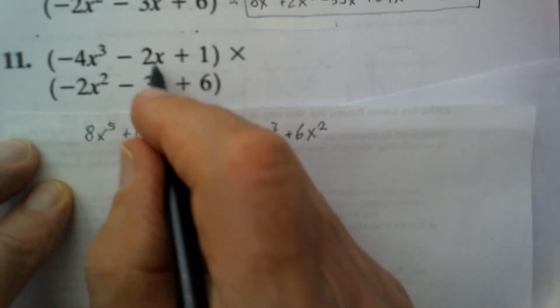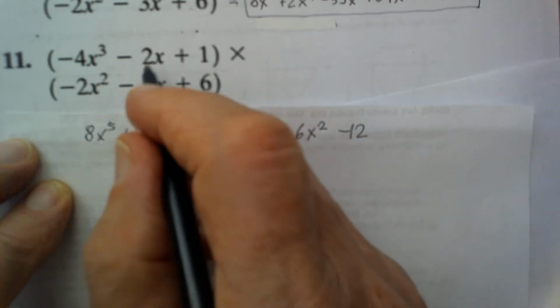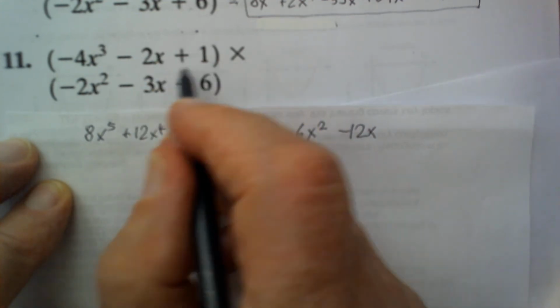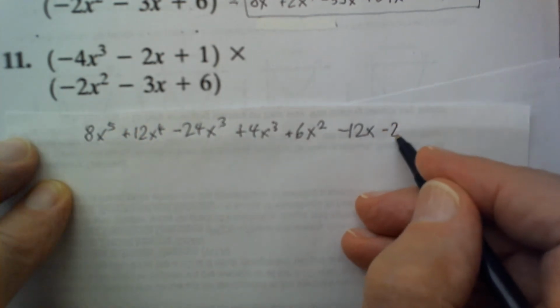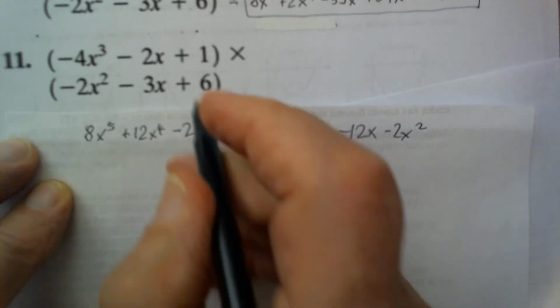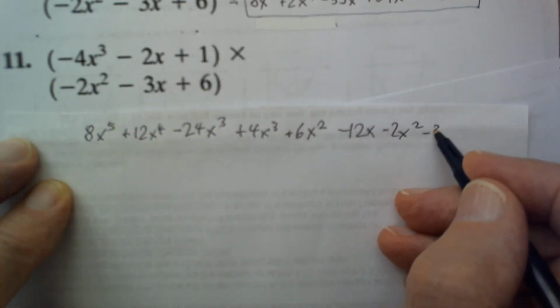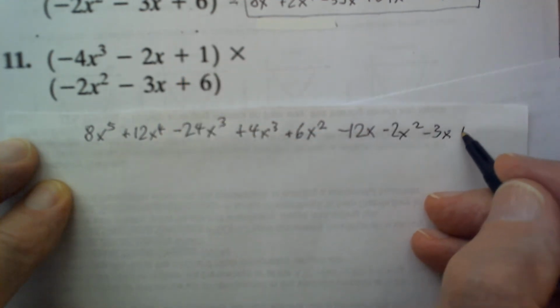And minus 2 times 6 is minus 12, and then there's only one x there. And then 1 times minus 2x squared is minus 2x squared. And 1 times minus 3x is minus 3x. And 1 times 6 is 6.